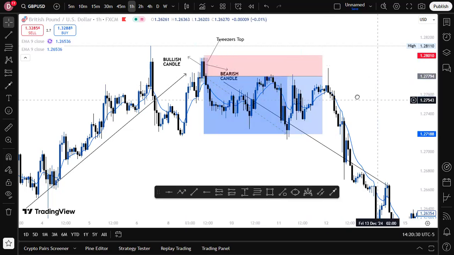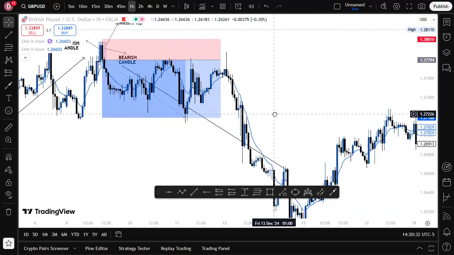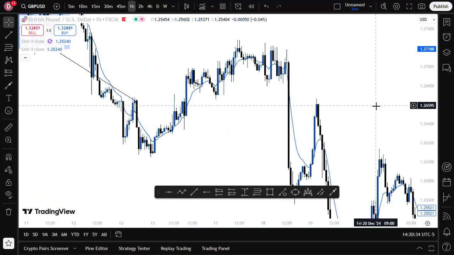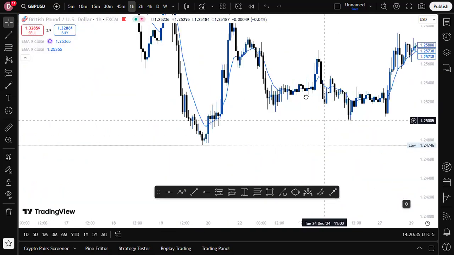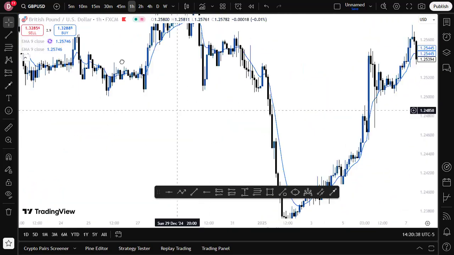So now let's look at the tweezer bottom.